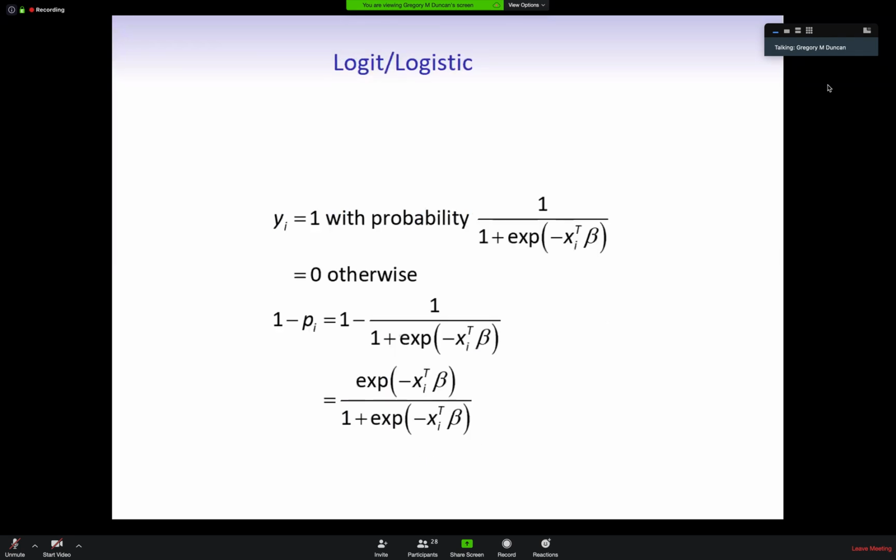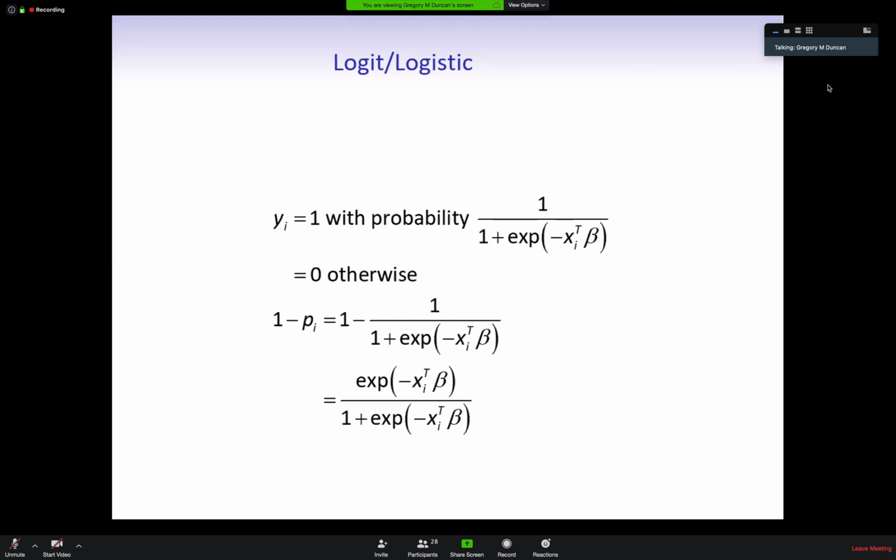So here is the logit or the logistic probability model. This is the model that early on people used, Netflix used, anyone who is going to predict whether people were going to buy things or not buy things.